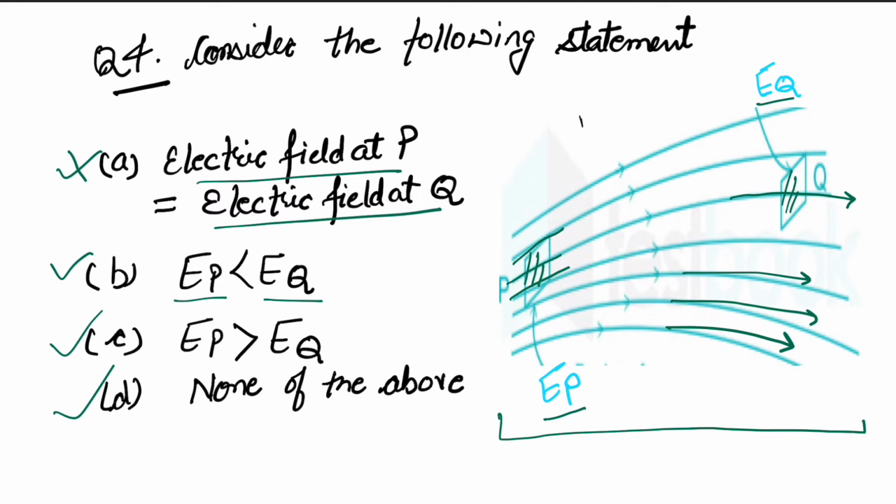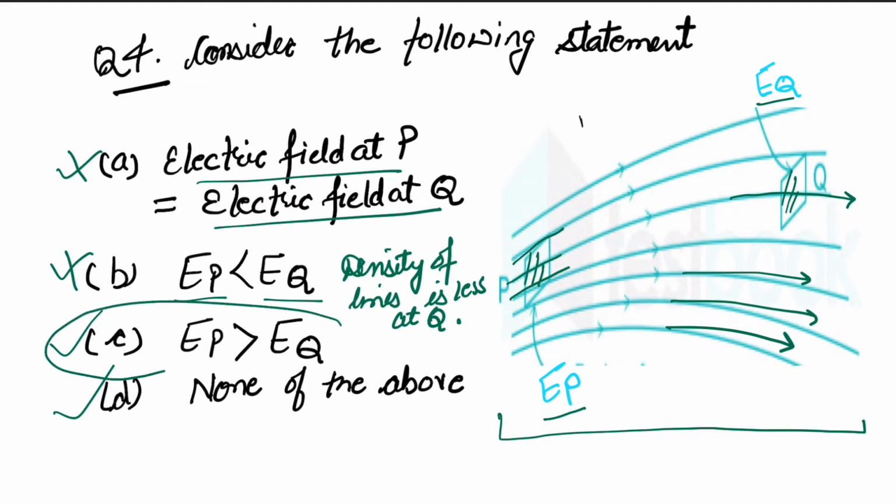So this option is not correct, because the density of lines is less at point Q. Obviously the next one is the correct answer, because the density of lines is high at P. None of the above is again not an option, because we have already found our answer.